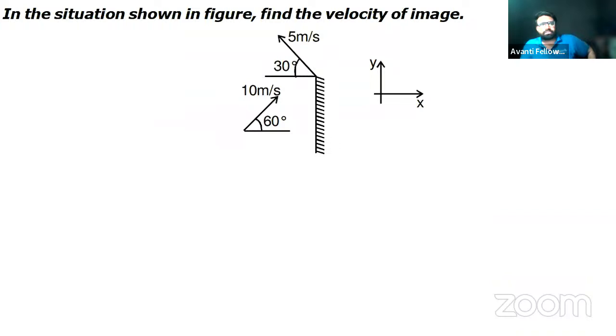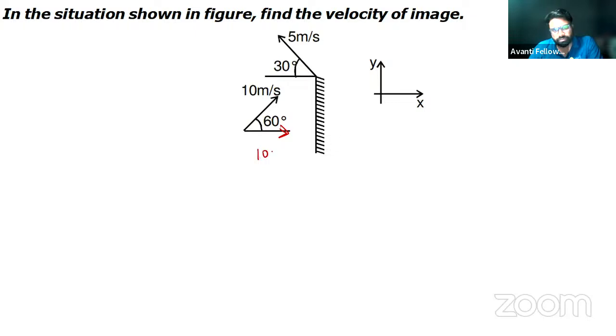Now this question, in this situation shown in the figure, find the velocity of image. Again देखो ऐसा question मैंने किया है अभी. You have to resolve the two components, velocity of object and velocity of mirror also.